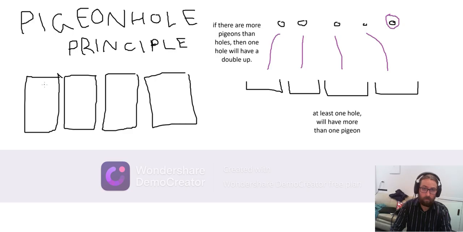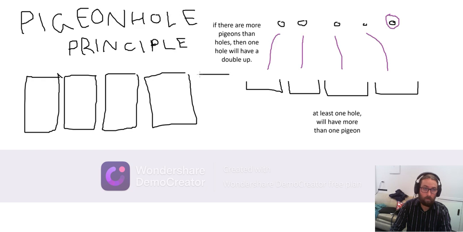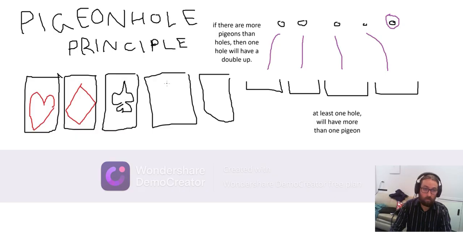So let's say I have 5 cards. And let's say this is a heart, this is a diamond, I guess it's a club, and this is a spade. I don't know, it doesn't matter. This last card, well, it has to be one of the 4 suits, and whatever suit it is, it's going to create a double up.